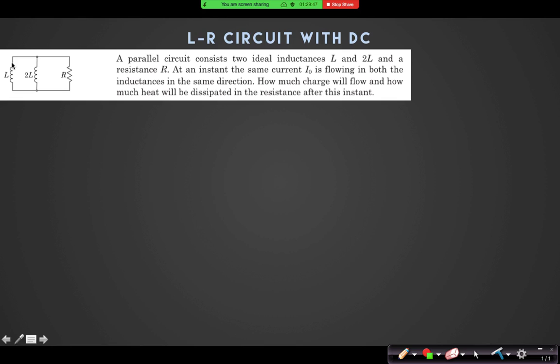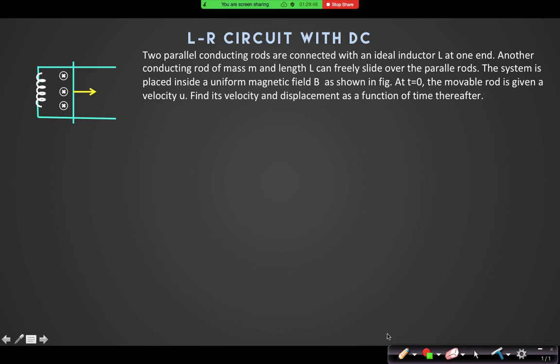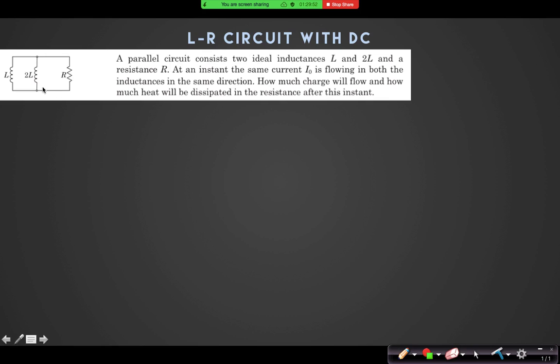The initial conditions are given, right? Initial conditions are given that both of them are carrying current I0 in the same direction. What can you say about the final condition? Yes? 4L by 3 I naught square. 4 by 3, yes. 4 by 3 Li naught square will be the answer.